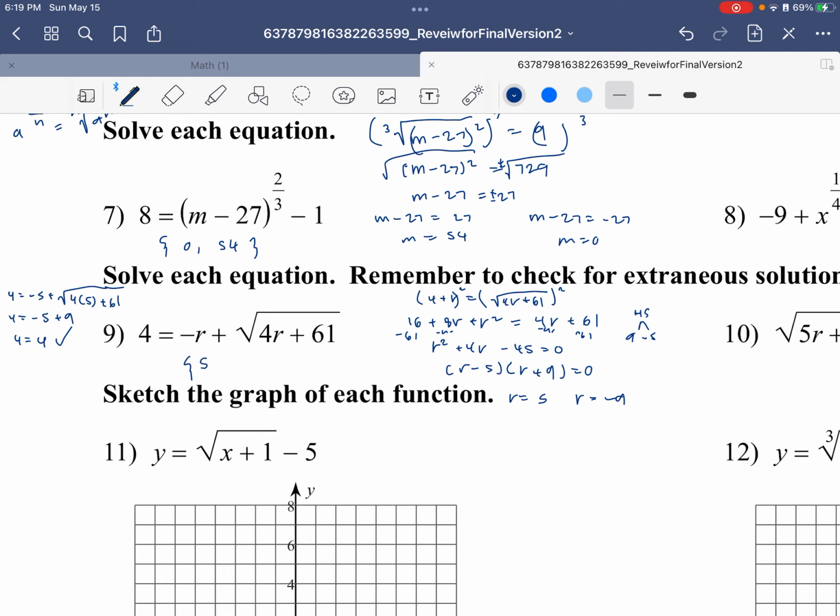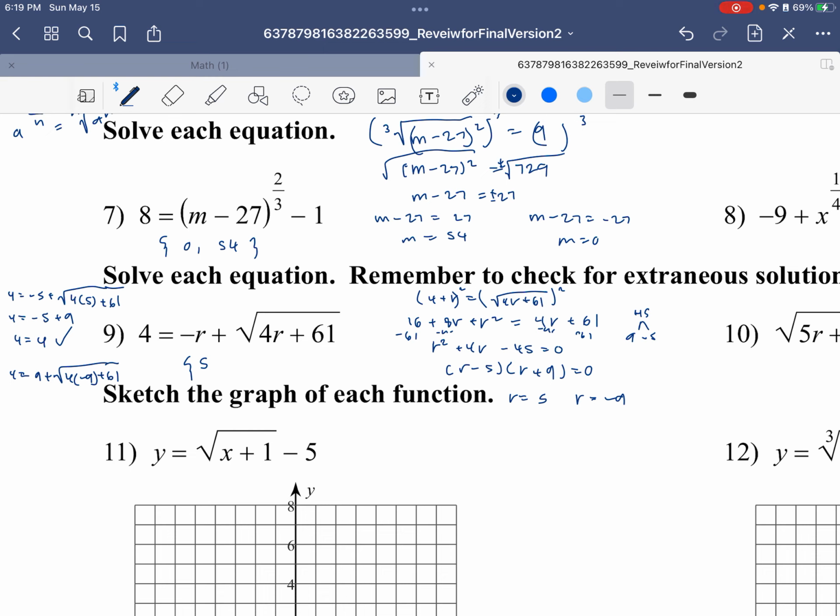And let's test negative 9 now. So we have 4 equals 9 plus the square root of 4 times negative 9 plus 61. 4 times negative 9 is negative 36 plus 61. You have 25.